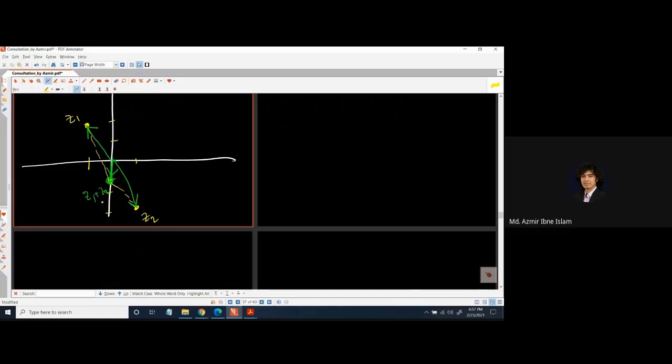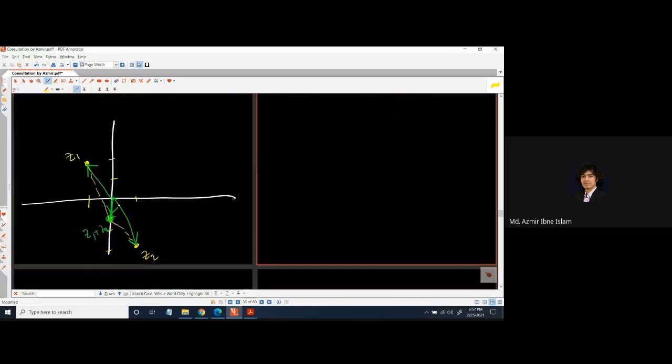That means, let's take another example. Suppose we have Z1 equal to 1 plus 2i and Z2 equal to -2 plus 2i. So if we add these two complex numbers, we will get -1 plus 4i.